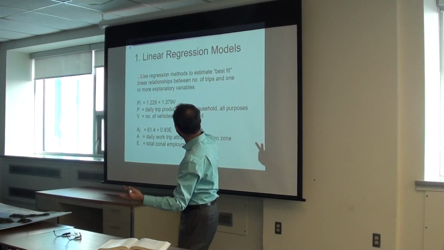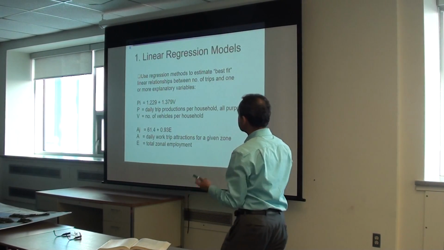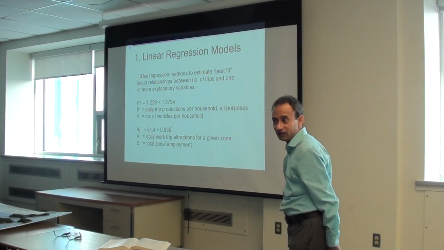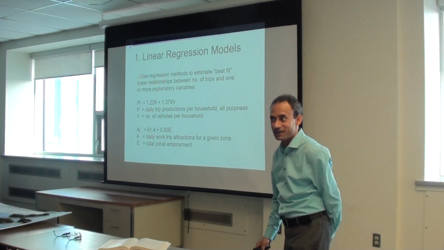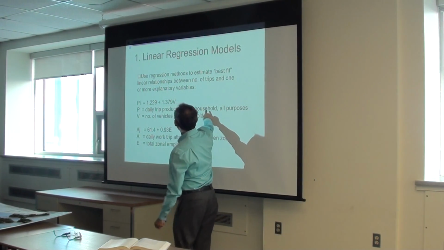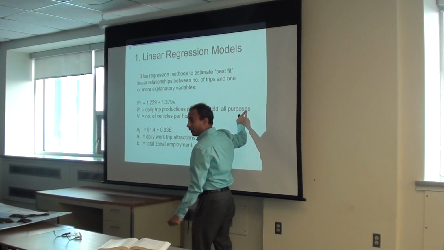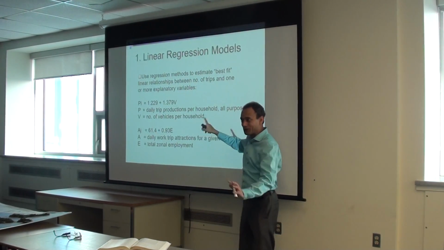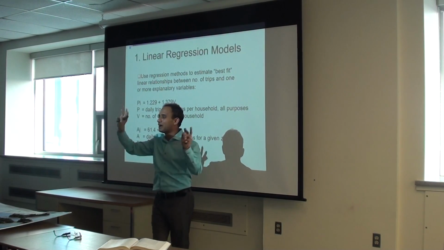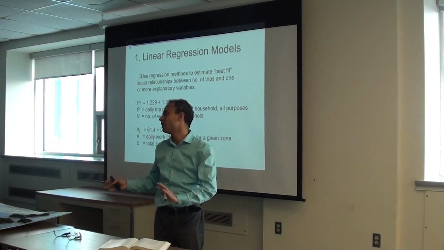The typical regression model fits a linear relationship, and sometimes you can do it in Excel as well. You don't need special software to do that, for example. So daily trip production per household for all purposes, meaning all trips, can be a function of the number of vehicles per household or number of people.